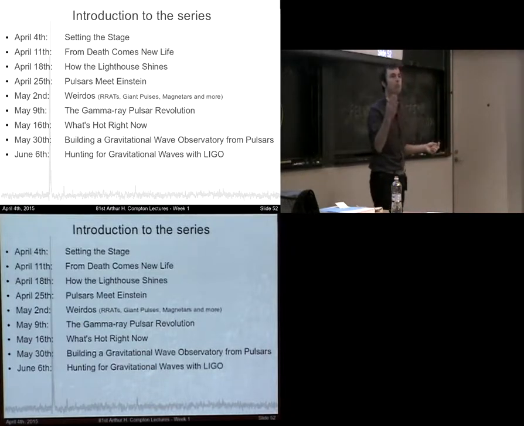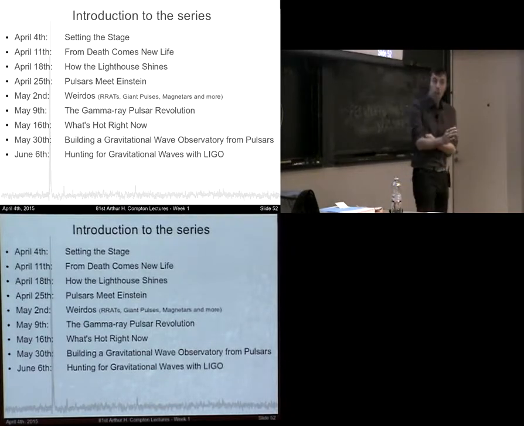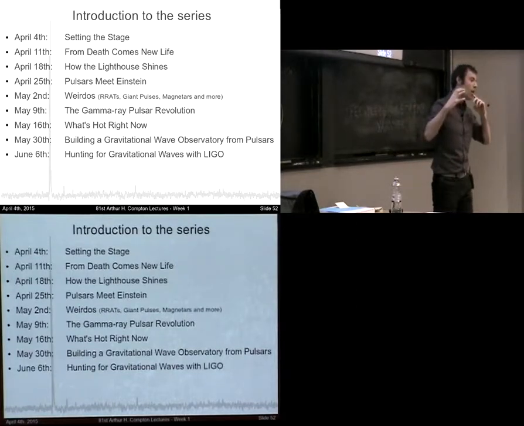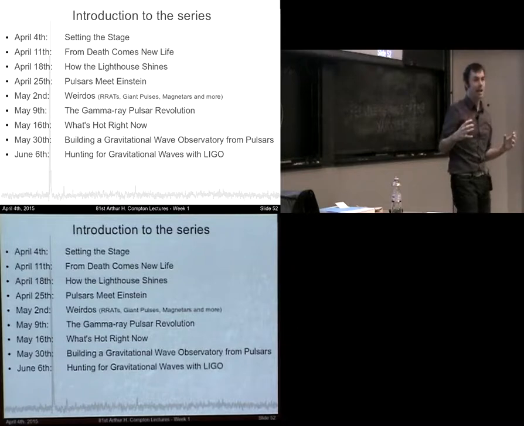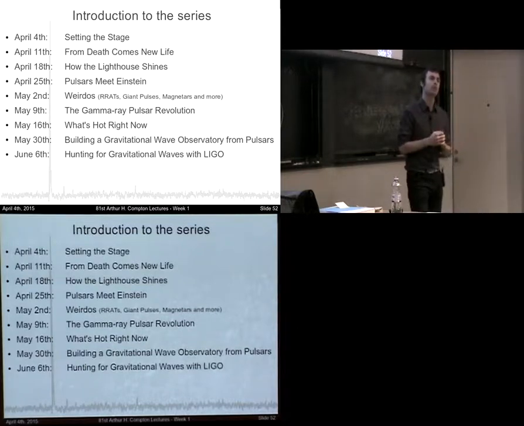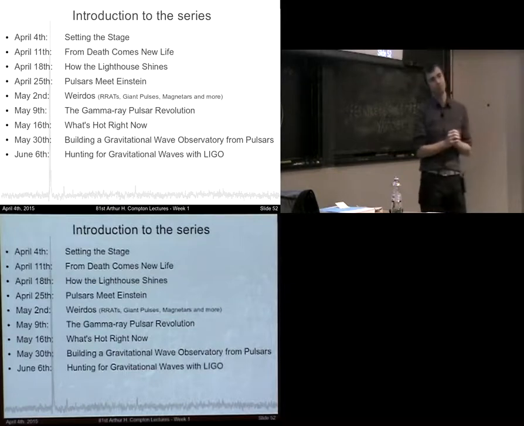What's holding a neutron star up, and we'll talk about this in future lectures, is called neutron degeneracy pressure, which is a sort of quantum mechanical effect. And when you have more mass, you are stronger than neutron degeneracy pressure. That can no longer provide a pushing force against gravitational collapse, and you get a black hole.